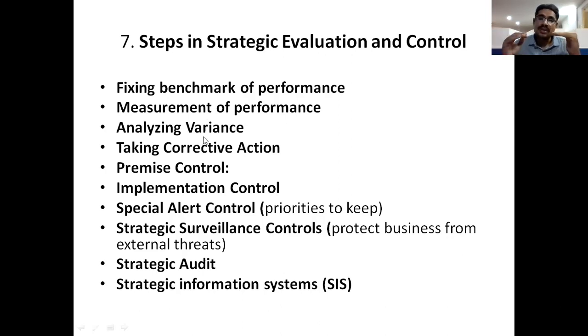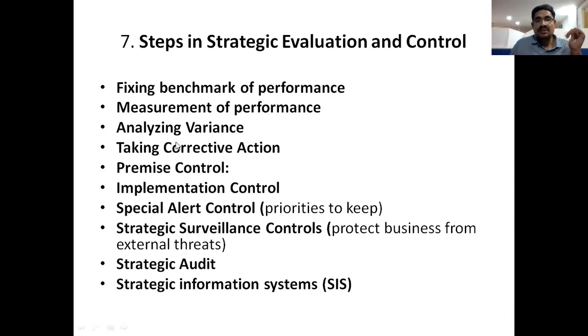If company performance and workers' performance are both equal, then we don't have any controlling steps. If company performance is high and worker performance is low, then we need to give additional training and additional motivation to the workers to increase their performance levels to standard performance or benchmark performance, right?